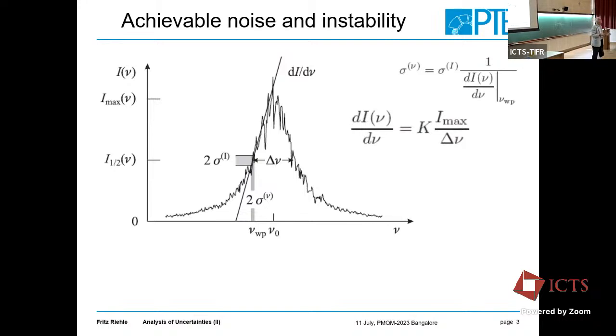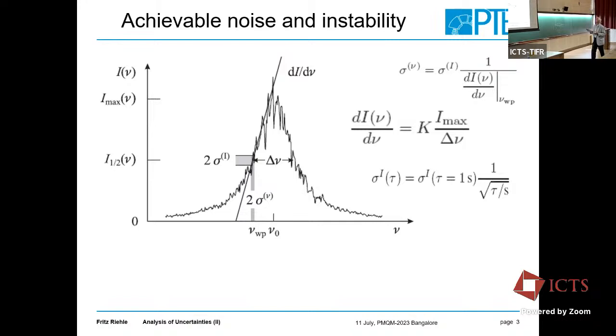It will be different if you have a cosine function, for instance, for the Ramsey excitation, or if you have a Voigt profile or anything else. So I use simply a factor k in front of it that includes this, but it is typically of the order of 1, so a factor of 2 or something like this.